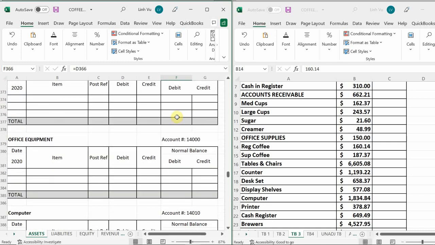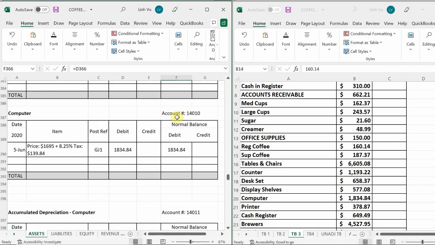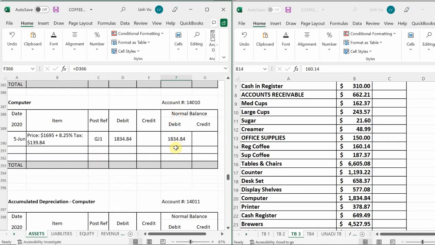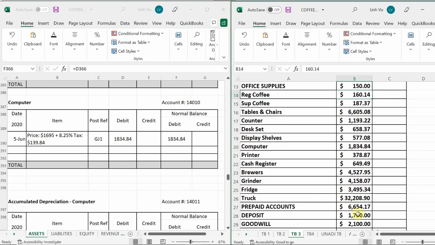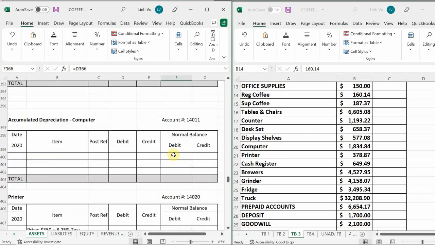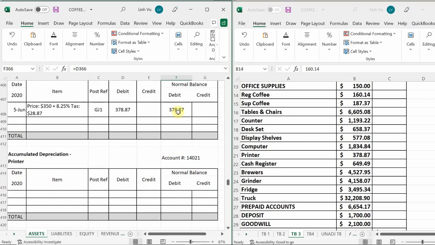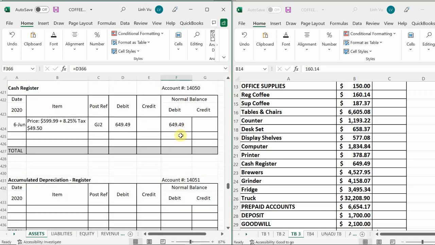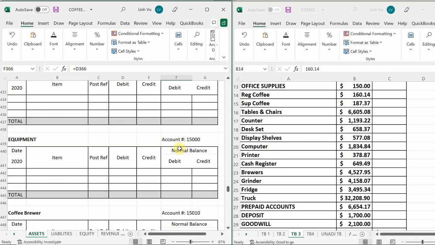Next is going to be my computer for 1834. Yes, 1834. Okay, next is my printer for 378.87. Yes, my cash register 649.49.